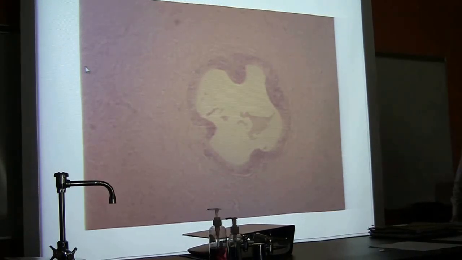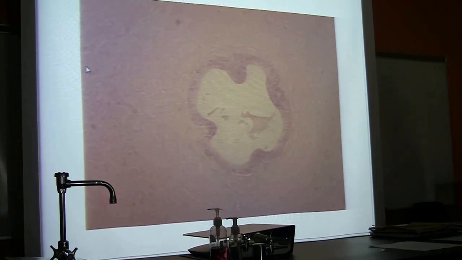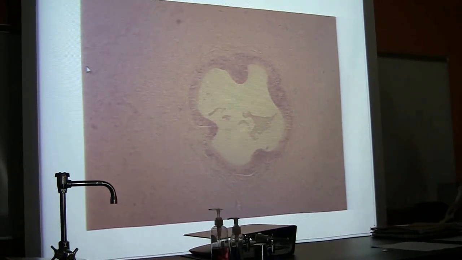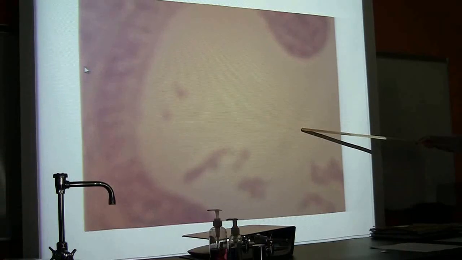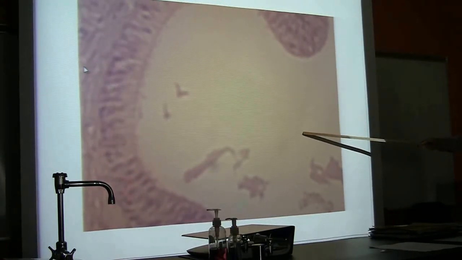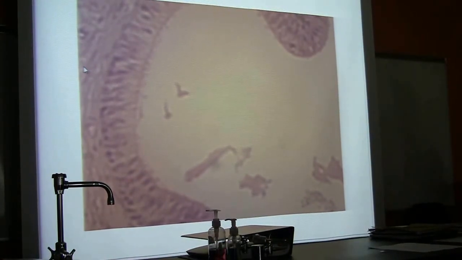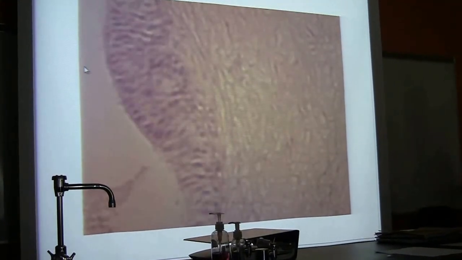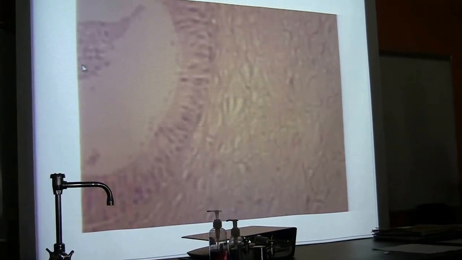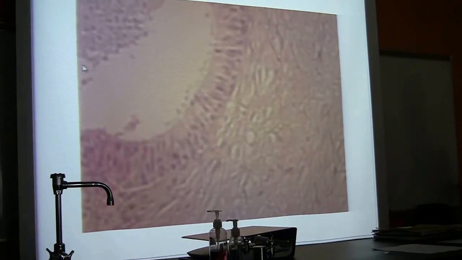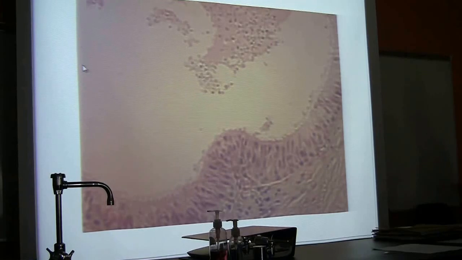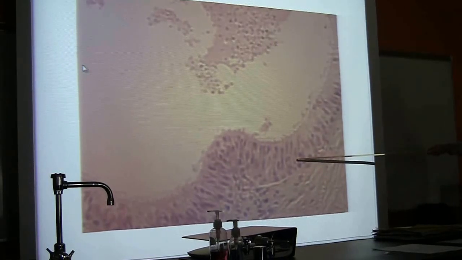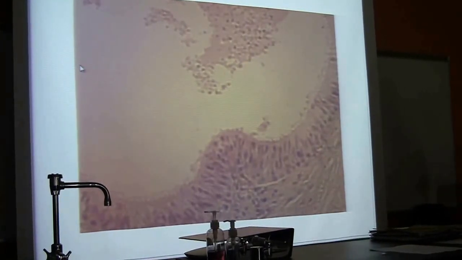Again, we see the same layers in the wall that we did before in the epididymis tubes. You've got your pseudostratified columnar epithelium. Sperm would be in here. Pseudostratified columnar epithelium, like we saw before, not ciliated, though it appears to be.